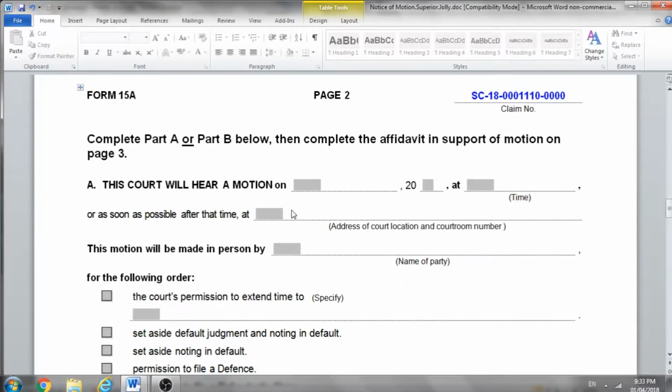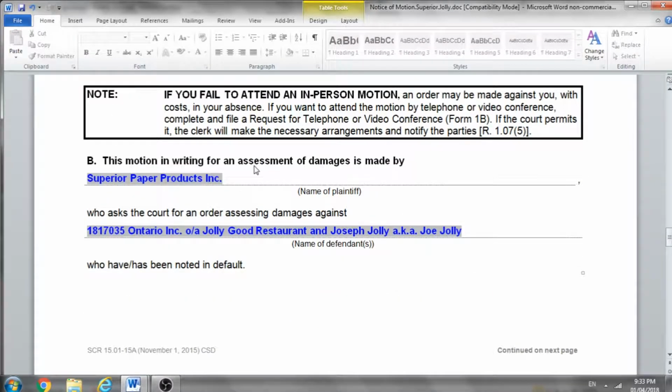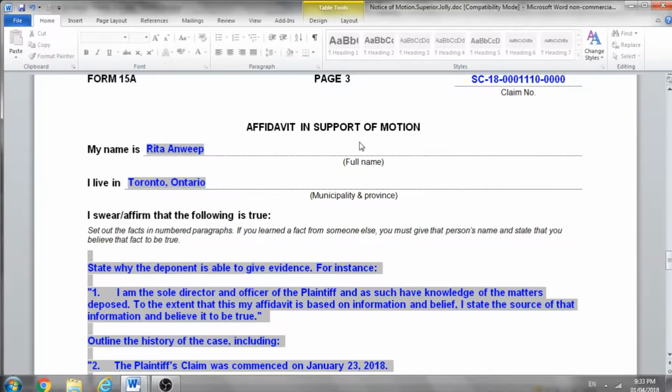And in this case, we're not going to fill in Part A, but instead we're going to scroll down to Part B, where it says this motion in writing for an assessment of damages is made by, and we're going to put in the name of our plaintiff, who asked the court for an order assessing damages against, and we're going to put in the names of the two defendants. Next, we need to put in the name of the individual who's going to be swearing or affirming the affidavit.